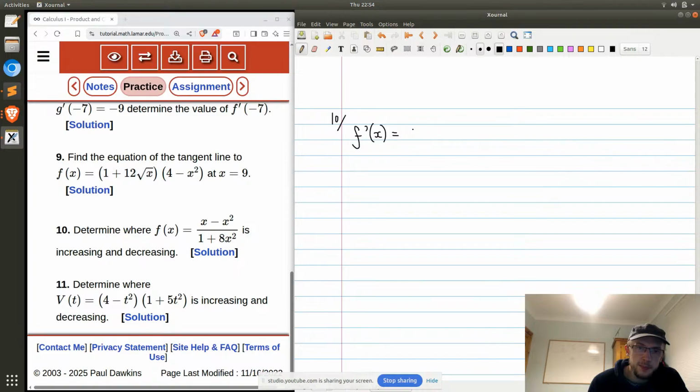F prime, so minus 2x, g, minus f, g prime.